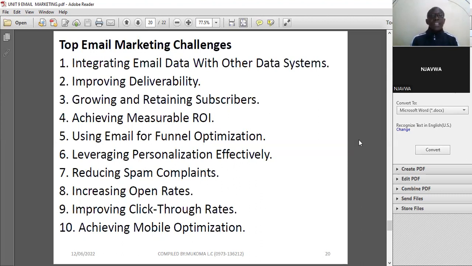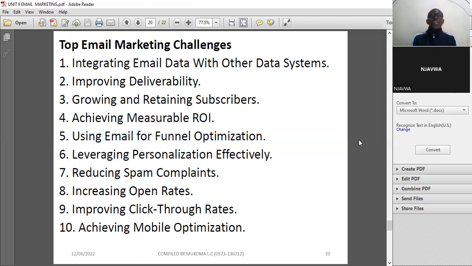Growing and retaining subscribers, achieving measurable return on investment, using email for funnel optimization, leveraging personalization effectiveness, reducing spam complaints, increasing open rates, improving click-through rates, achieving mobile optimization. These are some of the challenges you have when you are using an email marketing strategy.